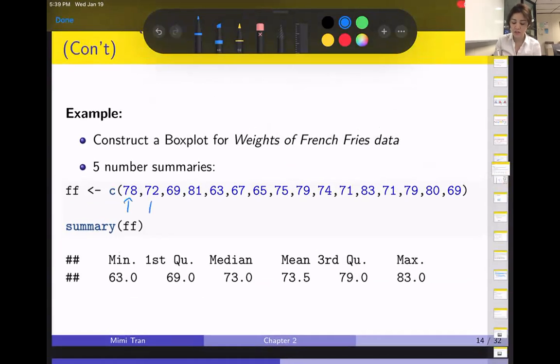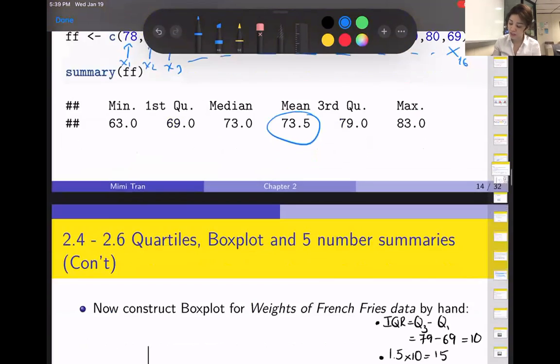The second one is 72, so that's x2. x3 will be 69, all the way to xn, which is x16, which is 69. And then the mean is 73.5. The sample size is 16 if you count those data points. All right, so that is the information that I need.